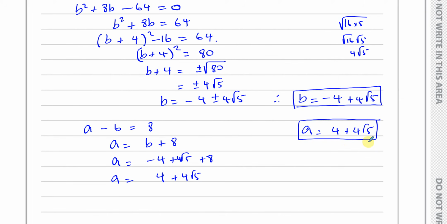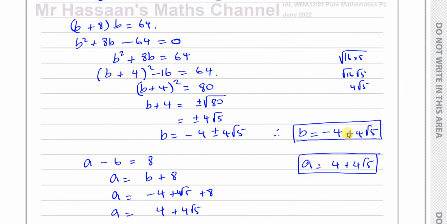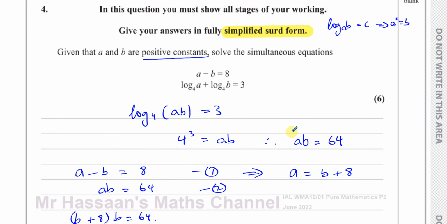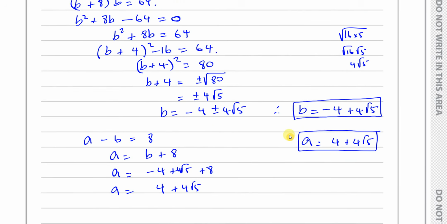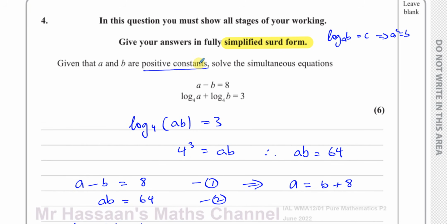Now, a few things to note. One of the things is, supposing we had chosen minus 4 root 5, and it didn't tell us that a and b are positive constants. Well, we know that they must be positive, because if I put a and b as a negative value here, this will be undefined.